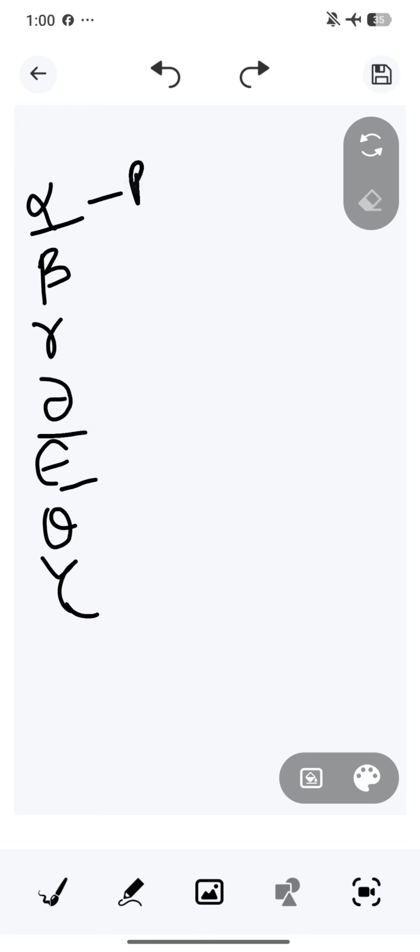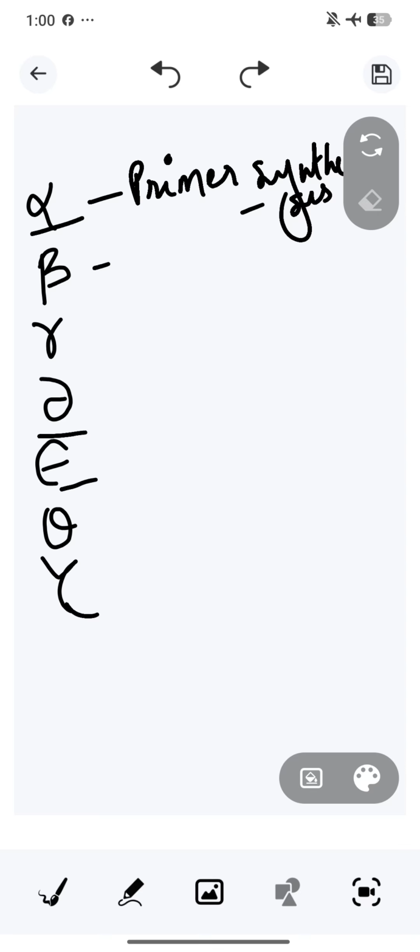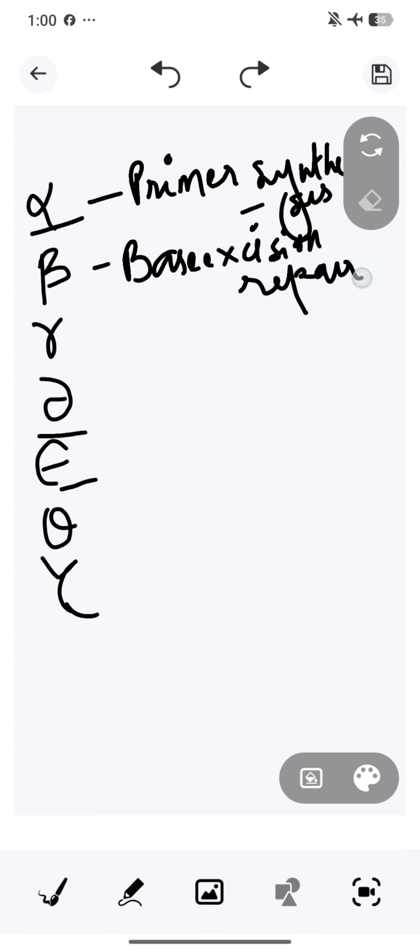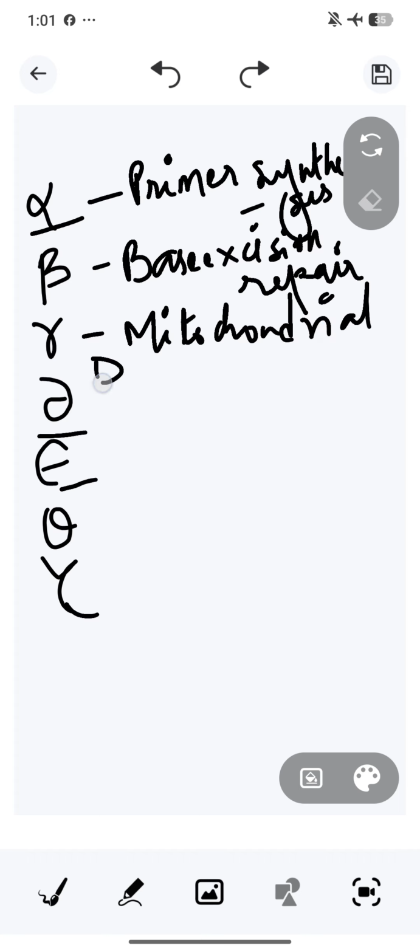Alpha is primer synthesis. Beta is base excision repair. Gamma is mitochondrial DNA replication.